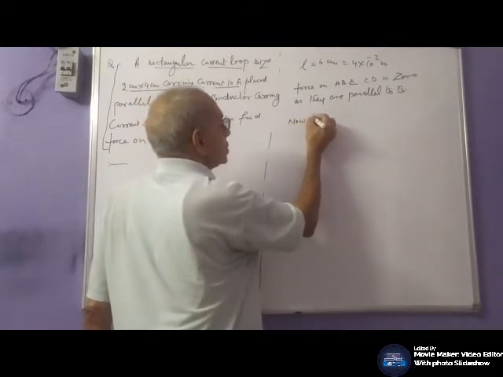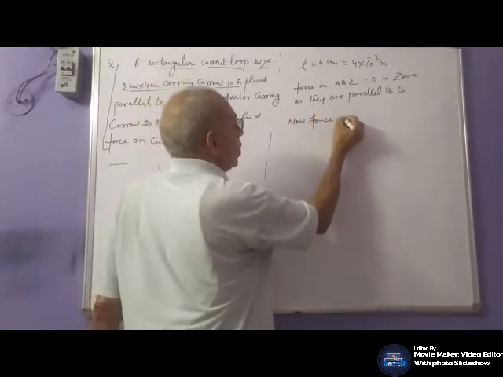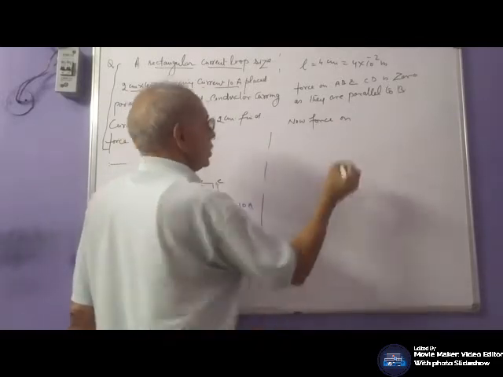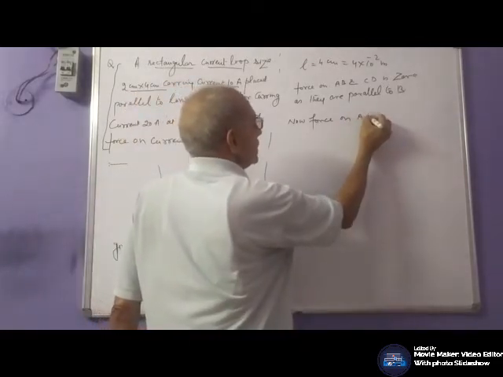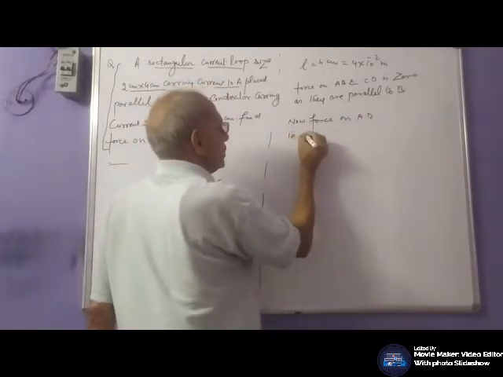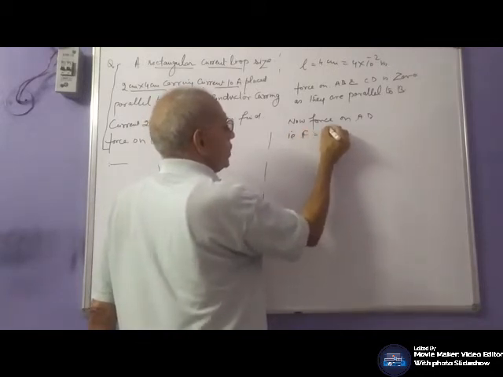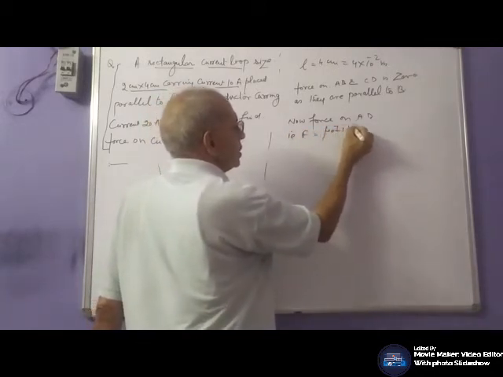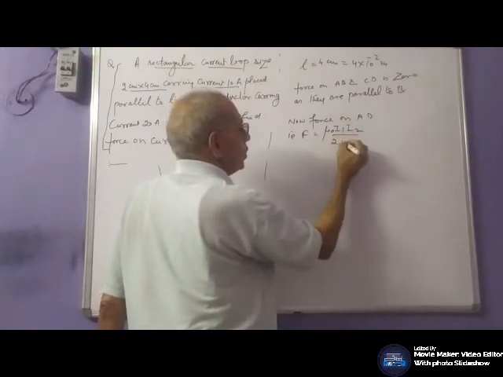Now force on AD, that is F1, mu naught I1 I2 over 2 pi r.